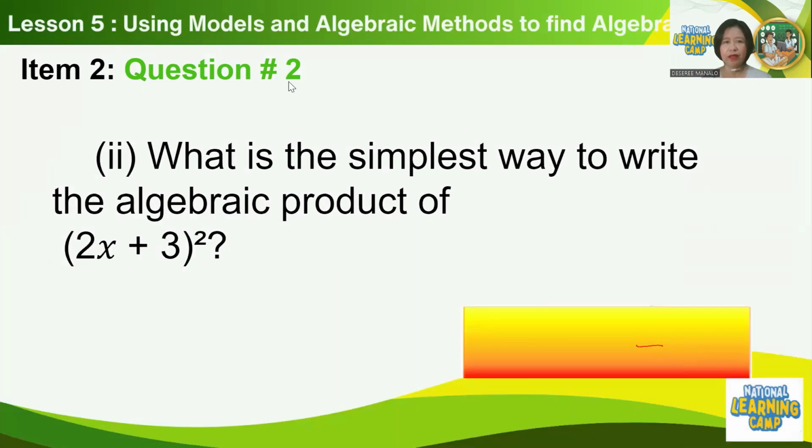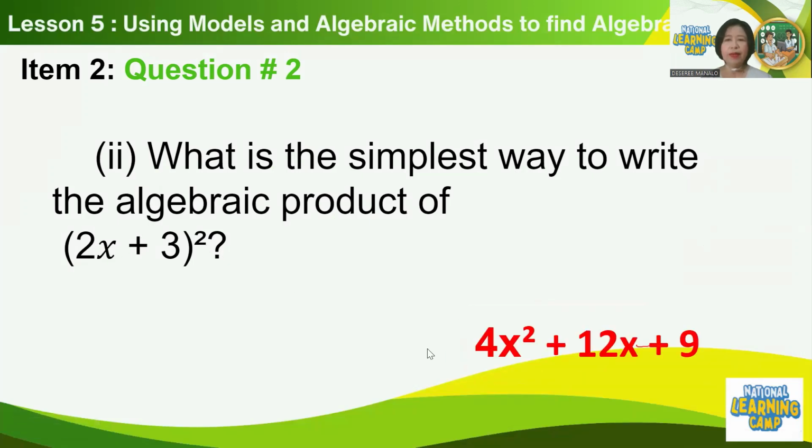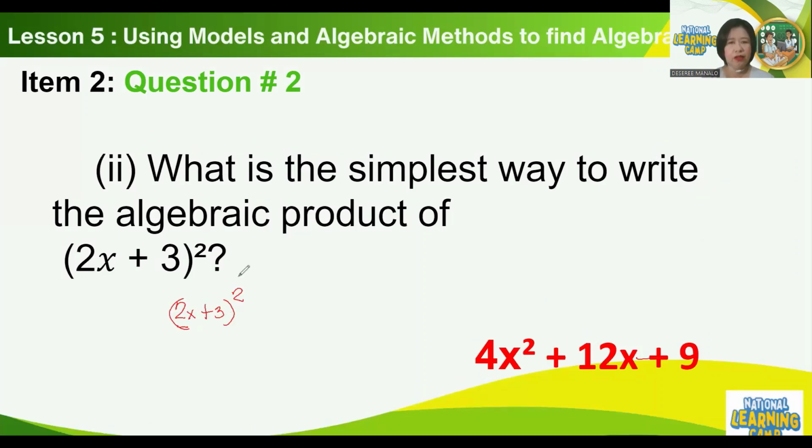Next, for item 2, question number 2, part 2. What is the simplest way to write the algebraic product of the square of 2x plus 3? Our answer is 4x squared plus 12x plus 9. To get the square of a binomial, you have to square the first term, which is 2x, plus twice the product of the first term and the last term, plus the square of the last term.